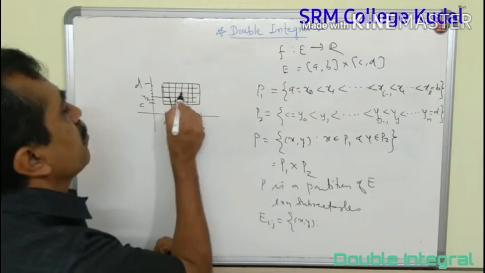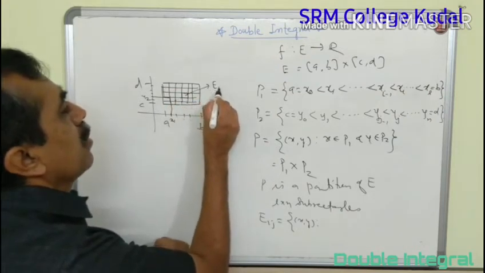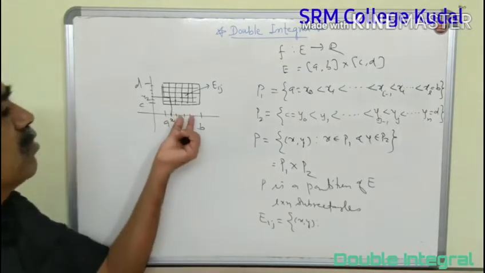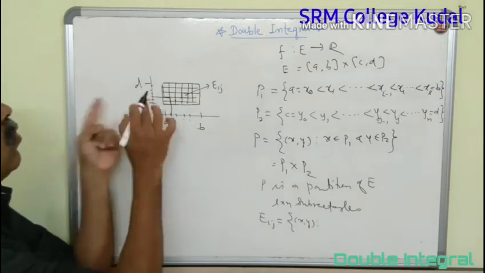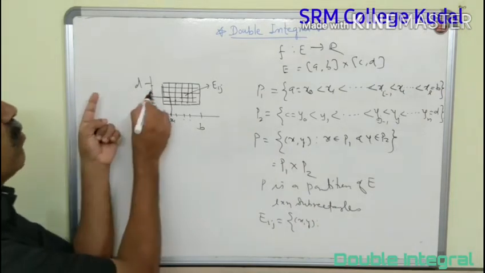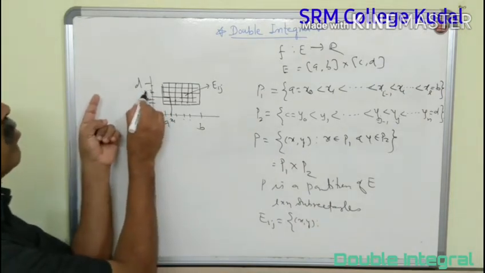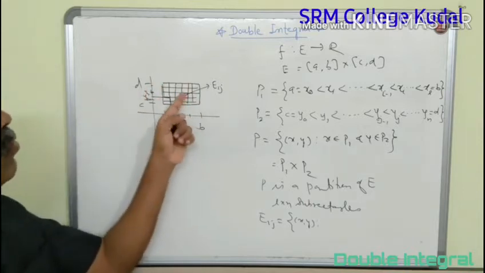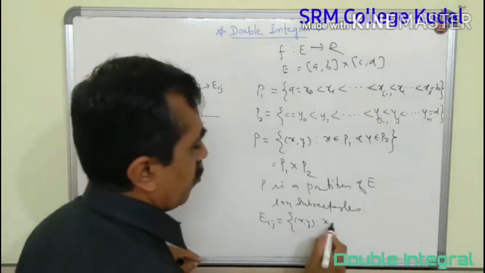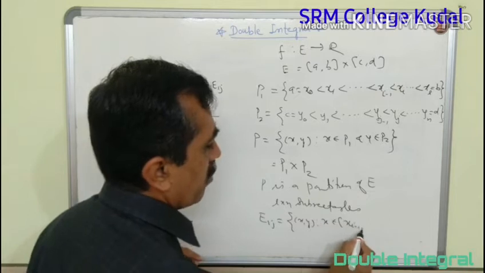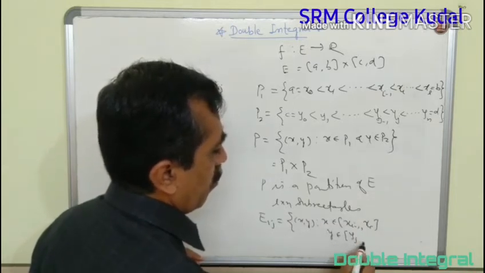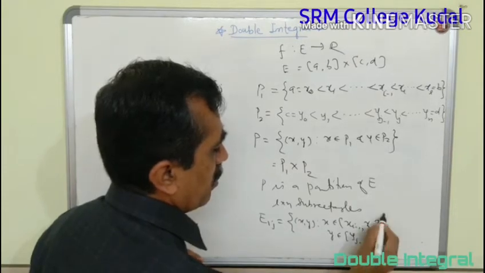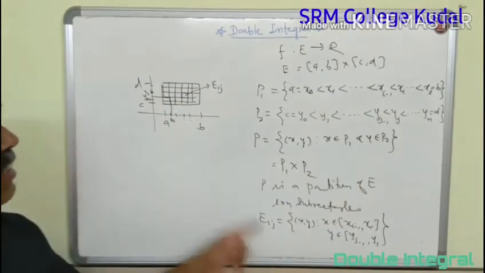Suppose this is the rectangle Eij. So this sub-interval is x(i-1), xi, and this sub-interval here will be y(j-1) and yj. So we are considering this such that x belongs to closed interval [x(i-1), xi], and y belongs to closed interval [y(j-1), yj], and this is any ijth subrectangle.